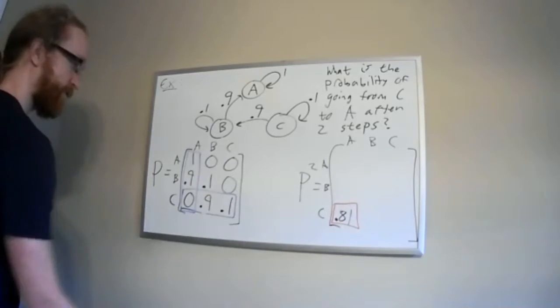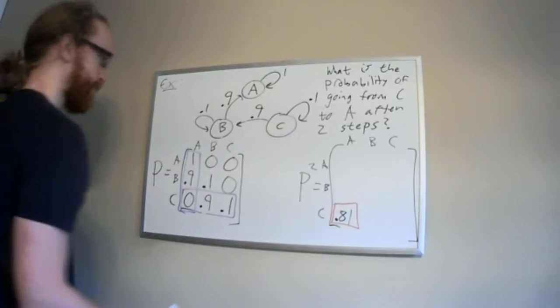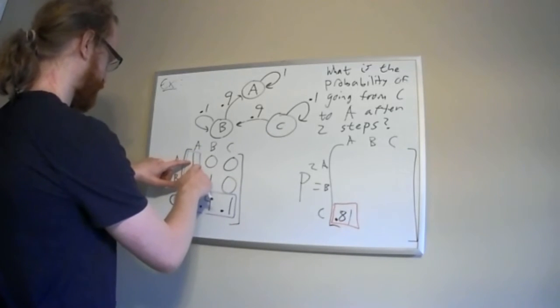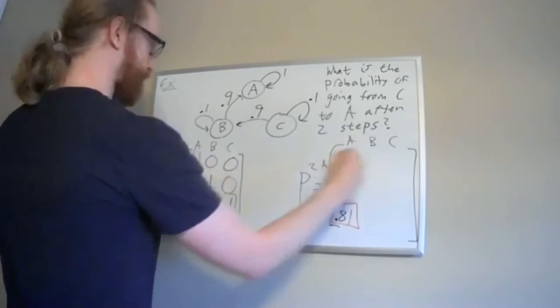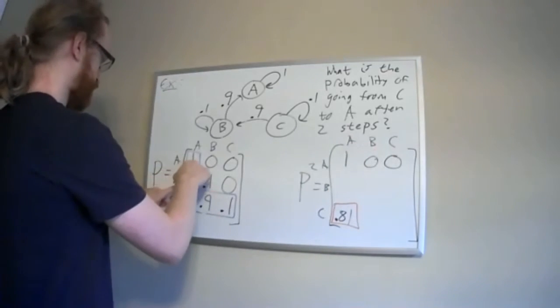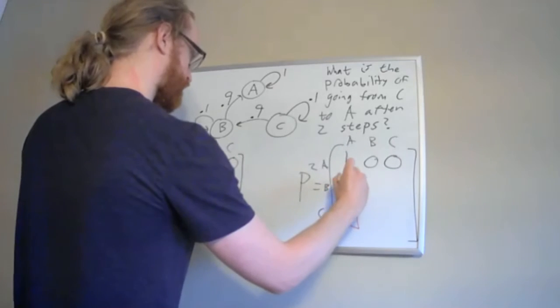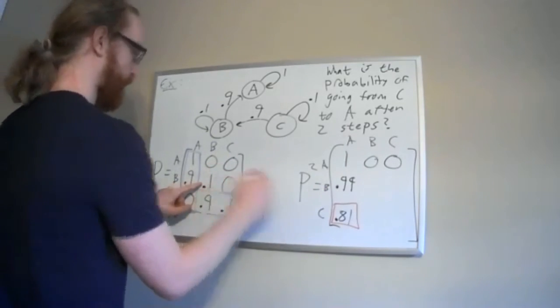Just in case you want to see it, I will go ahead and write in the rest of the matrix, though, because I have it. I can quickly compute that here for you. And we should get 1, 0, 0, and then 0.9, 0.09, so 0.99. And then, yeah, 0.01.